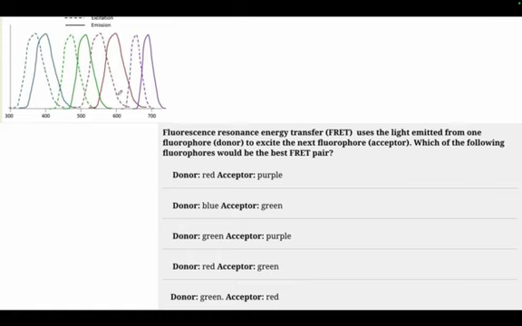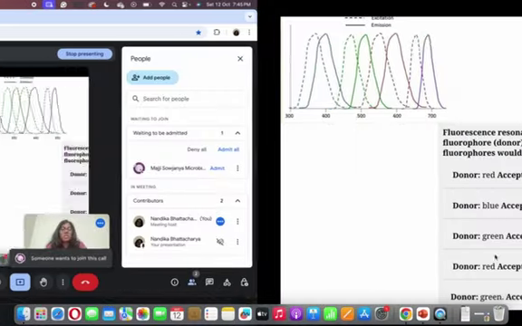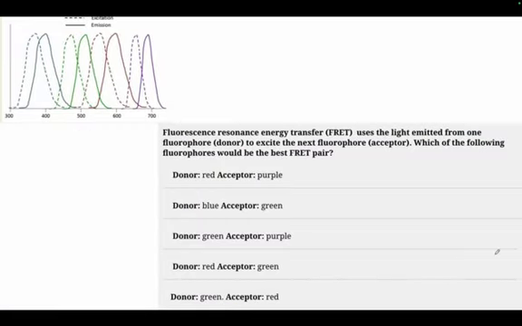So if we look at which of these spectra have the greatest overlap, we can see that this green emission spectrum and this red excitation spectrum have quite a bit of overlap, right? This is all the overlapping region.